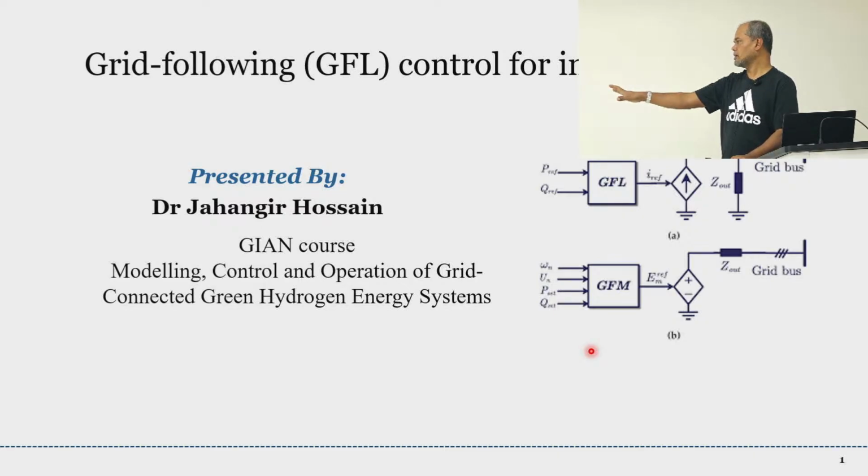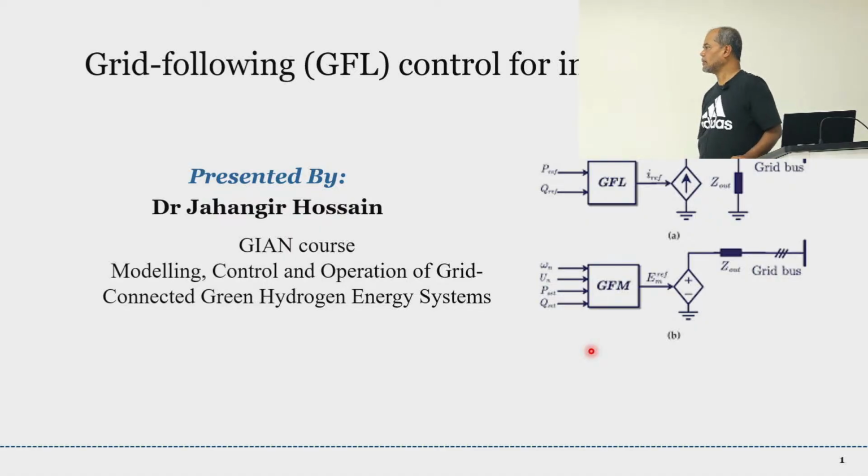The grid forming inverter is a voltage source inverter, and here you see that we have input not only power but also the voltage and omega, which is frequency, right? Because omega is 2πf, so it has the capability to control voltage and frequency.